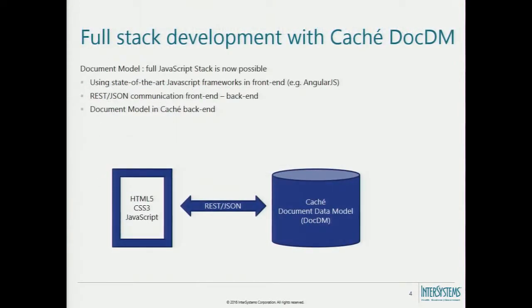So the architecture that I'm going to use is very simple. On the client side, I'm only going to use HTML, CSS, and JavaScript, just static files. For the communication, I'm going to use REST, and for the backend, I'm going to use Caché and the document store. In the document store, I will store just the JSON that I want.